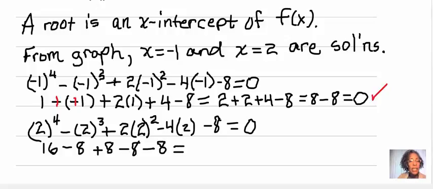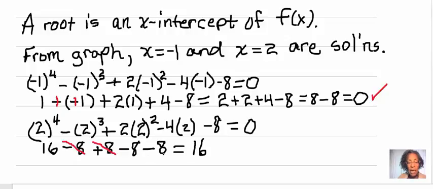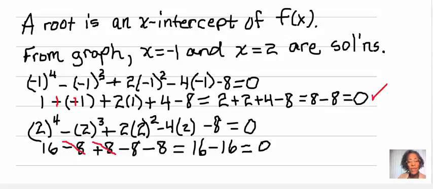And obviously, -8 plus 8 adds to 0. And I'm left with 16 minus 8 minus 8, which is 16 minus 16, which of course is 0. So we have verified that -1 and 2 are actually rational roots.